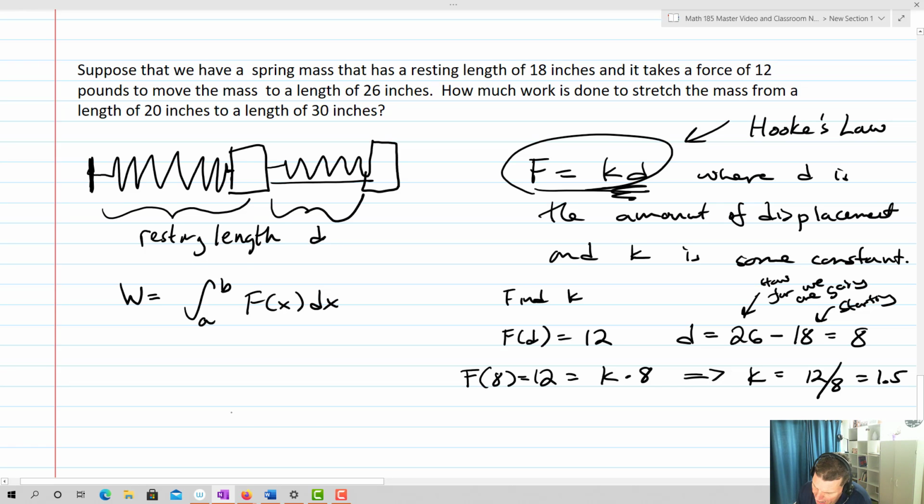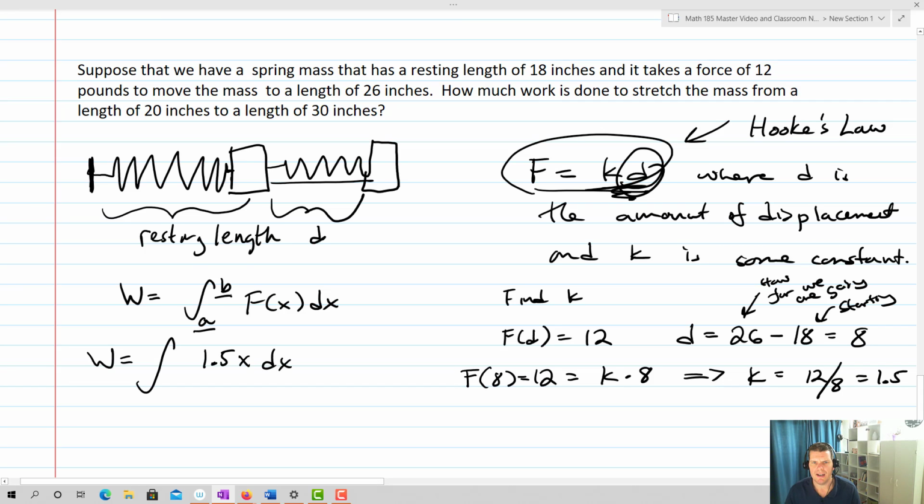So now my work is going to equal some integral along some kind of interval of 1.5x dx, because that D is going to end up being my x. Now we need to find a and b.